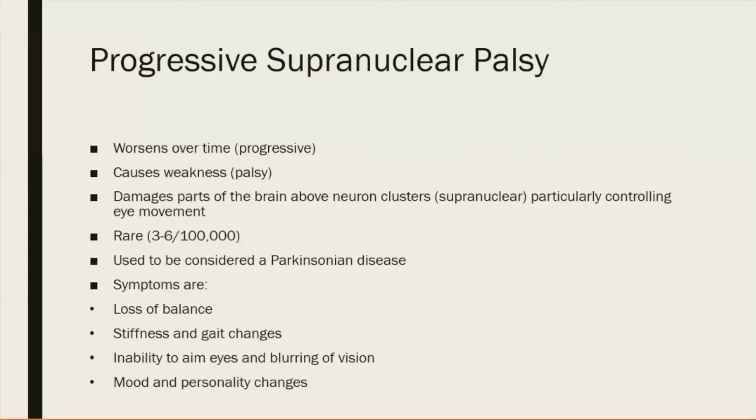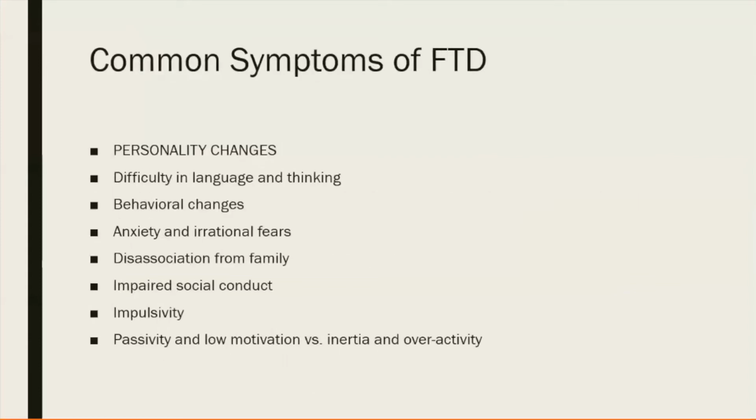Some other symptoms that we might see are a loss of balance, stiffness and gait changes, and some mood and personality changes. So our common symptoms of FTD are personality changes. These are so big and so challenging.